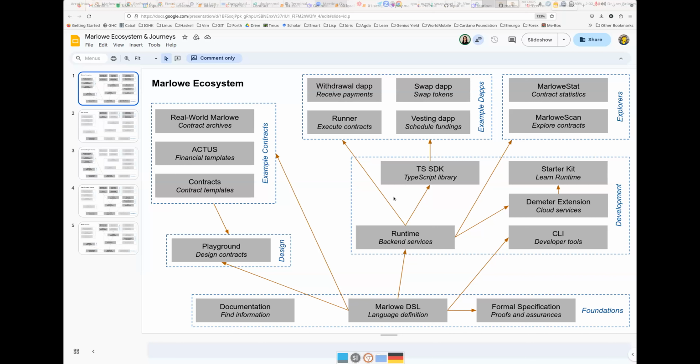But if we hard-coded every party instead of using role tokens, then it would only be one smart contract, basically only the Marlowe contract.